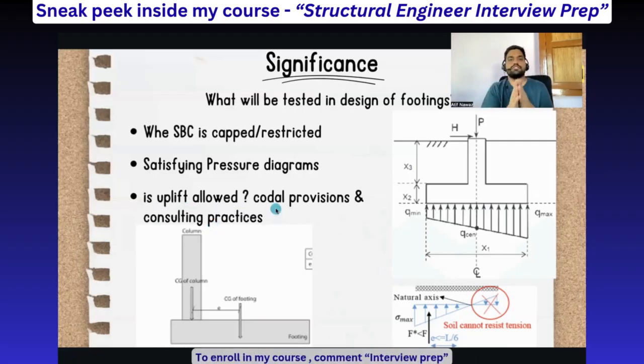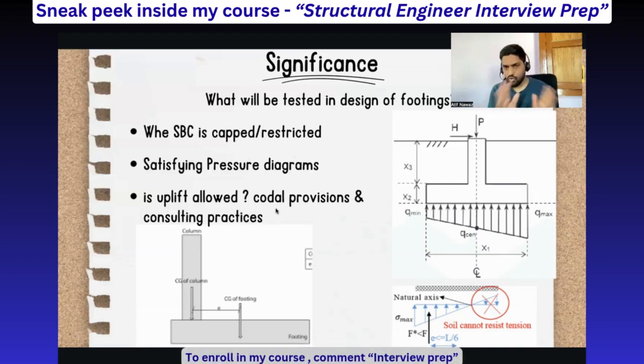There are two different things. One is the codal provisions and one is the consulting practice. I'll help you understand the difference. Codal provisions are the things you are bound to comply with. For example, if the code says no tension is allowed, then there is no tension allowed. But there is what the code says and there is the practice we follow in live projects. I can say in 90% of cases we follow the code.